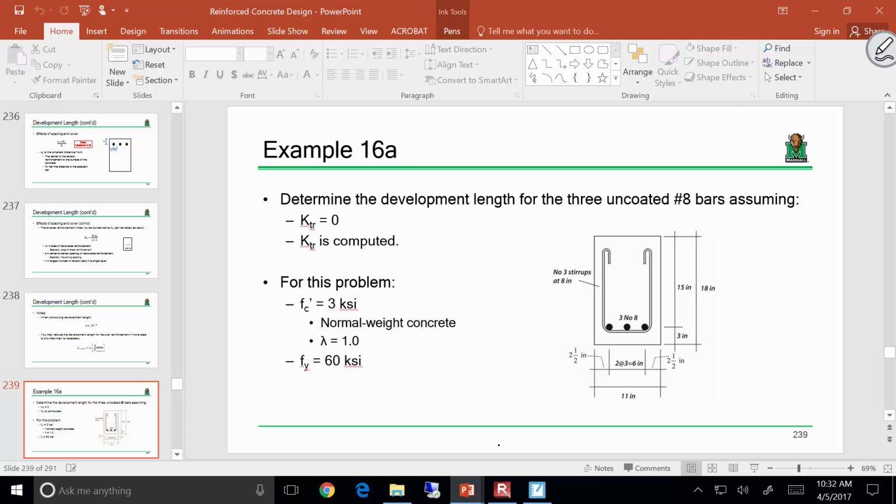You'll know. You got to read the problem, but you'll know. We'll get to that. And also, what if there's a column that's framing into whatever?